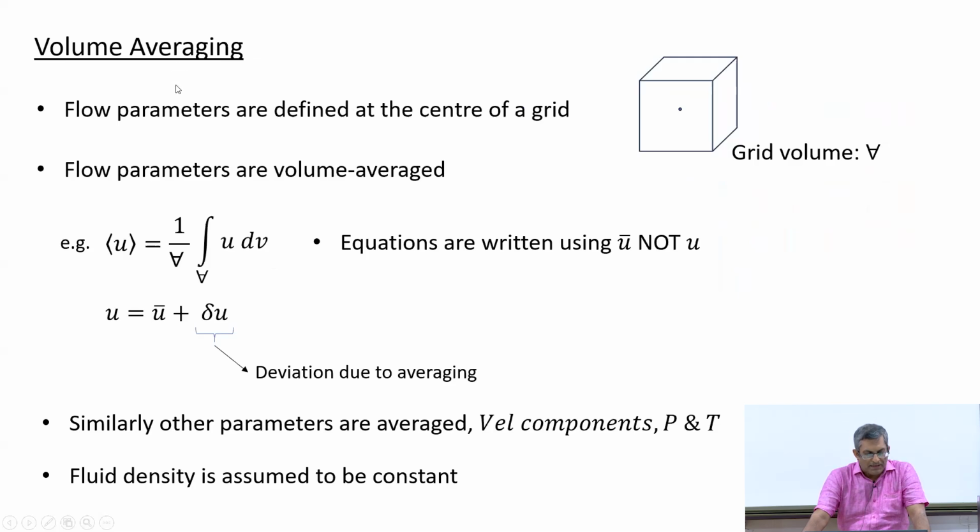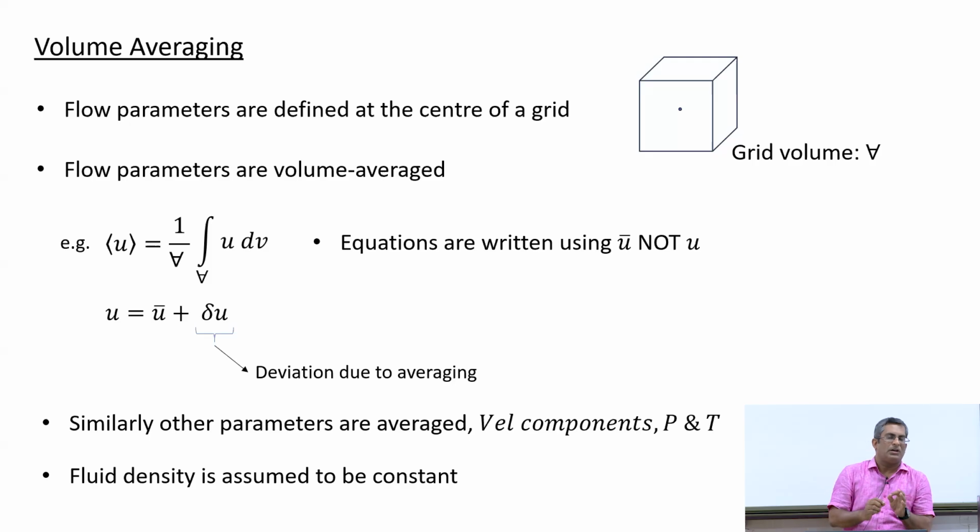So by volume averaging, we mean that all the flow parameters are defined at the center of the grid and the parameters are volume averaged. This means that, for example, if you consider, let's say, fluid velocity, then basically we average the fluid velocity over this volume, or we take the volume integral of the fluid velocity.